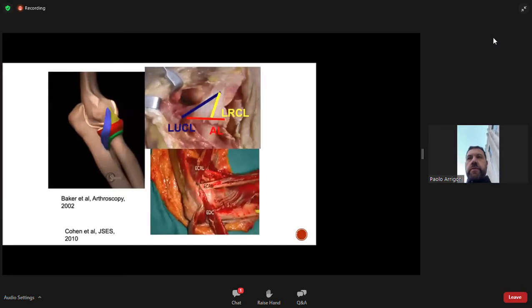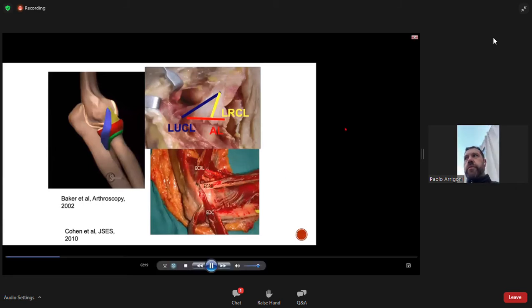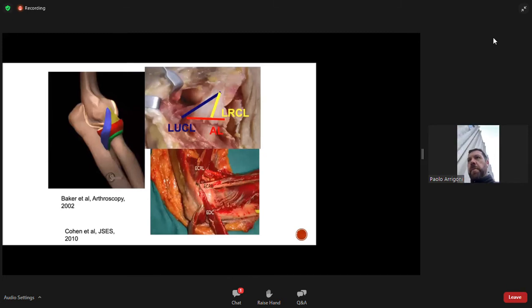Here you can nicely see the 3 bands of the ligaments that stabilize the radial head: the ulnar band or LUCL, the radial band, and the annular ligament. Of course, extra-articularly you also have some dynamic stabilizers, mainly tendons, and ECRB is one of them.